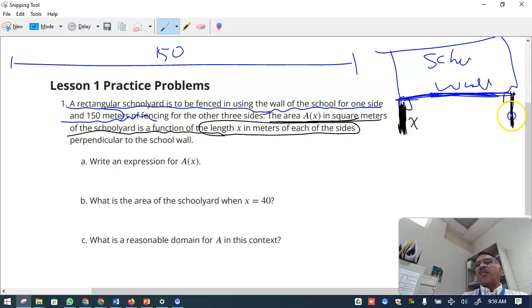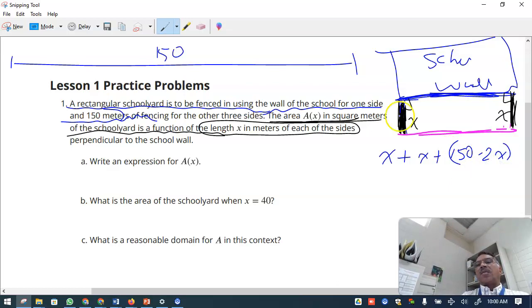That means if you put x meters on the left side and the right side, then the total is 150. That means x plus x, and what is the other one? It will be 150 minus 2x, right?